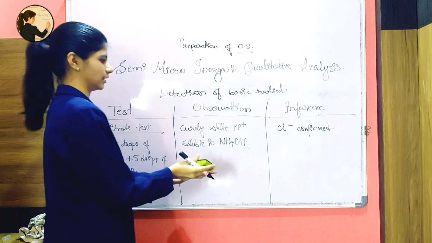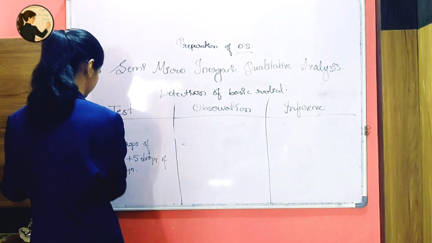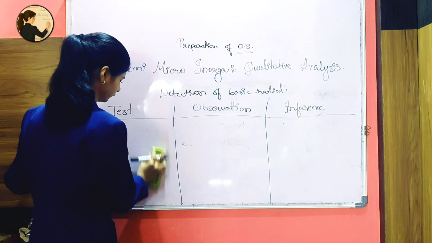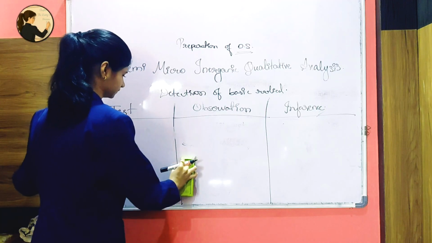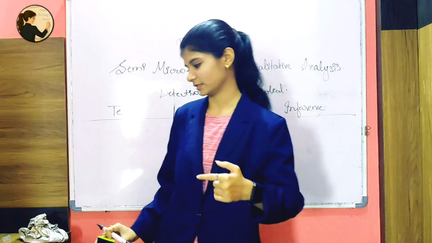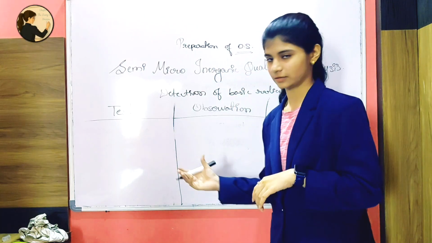Then this will be the same, you just rub this. Now what you are going to do is you have to know which base is present, which basic radical is present in this. So now what you are going to do, the test for, I just write it.